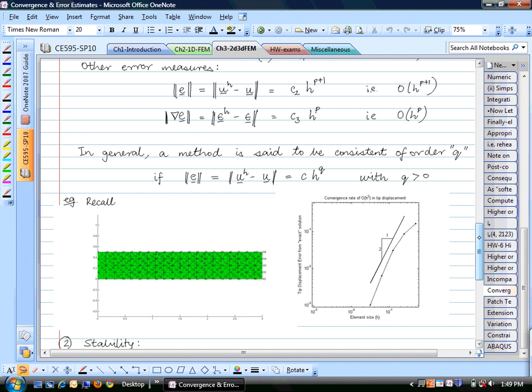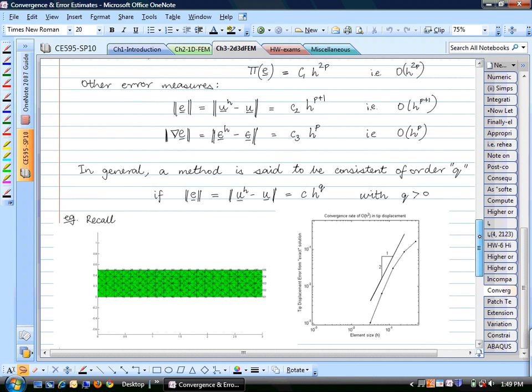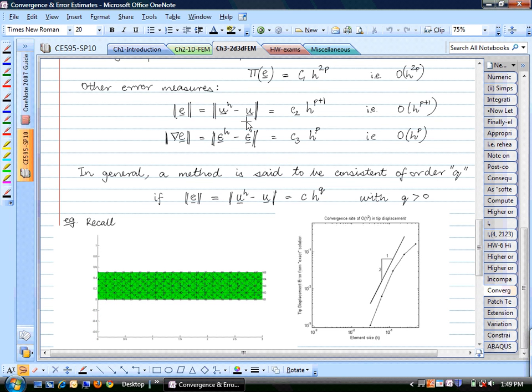That is what I wanted you to plot to see that this relationship holds: as you decrease the size of the element, your error in the displacements is going to go down with the power 2. This is a very good way of checking whether your implementation, whether your program, is correctly implemented or not. If there is even a slight mistake, this order of convergence will get screwed up very badly.